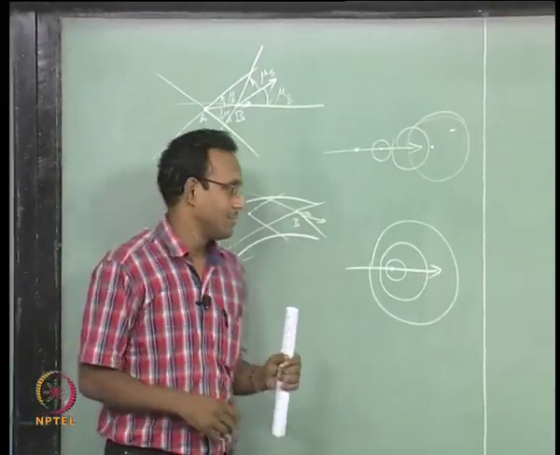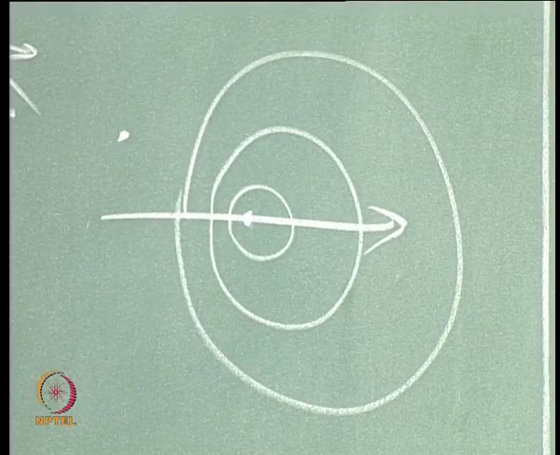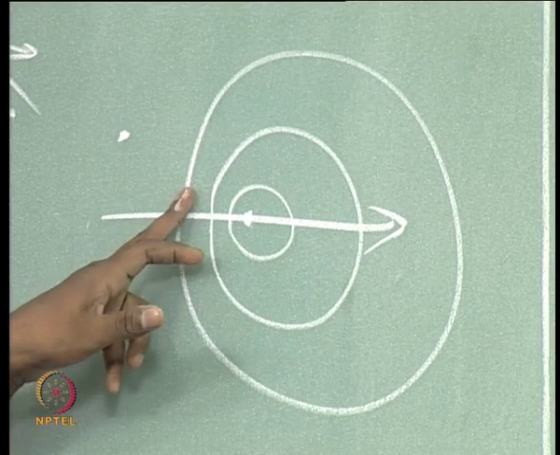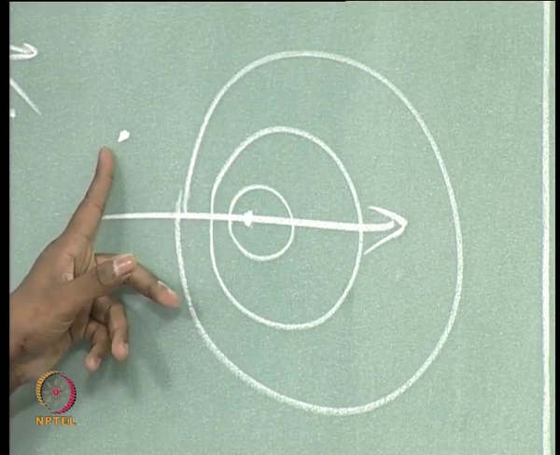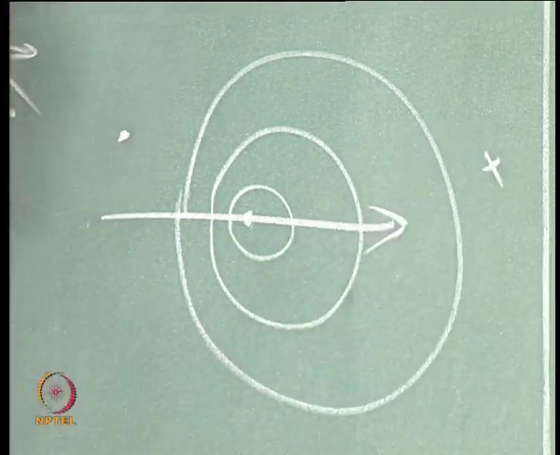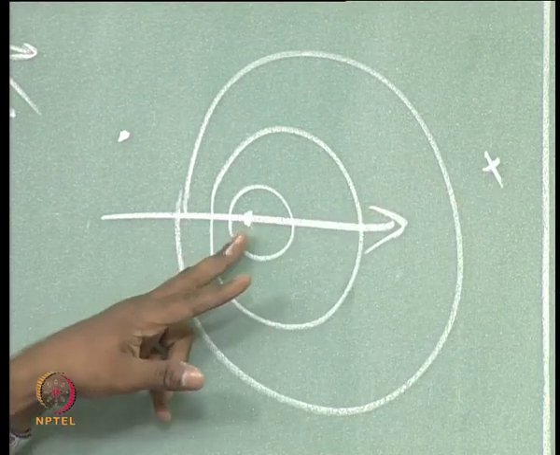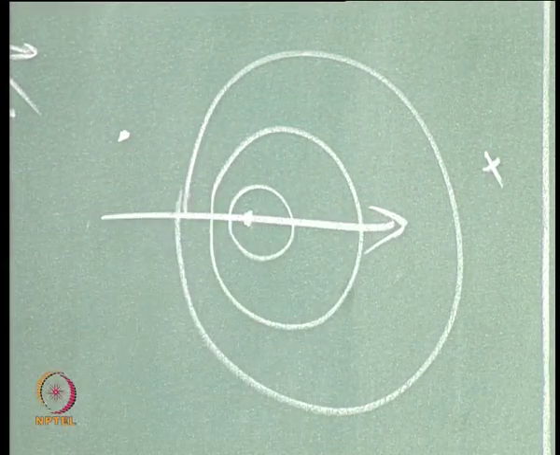Even in subsonic flow, if there is a point here and the very first disturbance I created is just sitting here, then this point does not know even if it is upstream, it does not know. Even if it is downstream for that matter, some other point here, even that point does not know that there was a change here. Okay. Unsteady problem is a lot more complex.